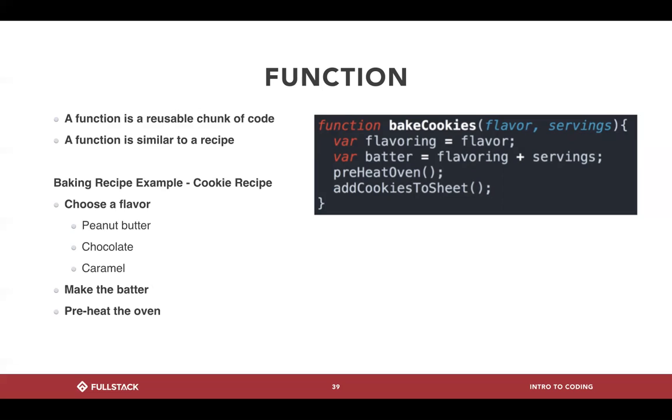Then you preheat the oven, add cookies to the sheet. So one by one, each of these things is going to be fired off. Each of these things is going to be executed whenever I tell the function, hey function, all the stuff I told you to do inside of yourself, go ahead and do them. And that's called invocation, or calling a function, is to point to it and say, okay, now go, do all the stuff.